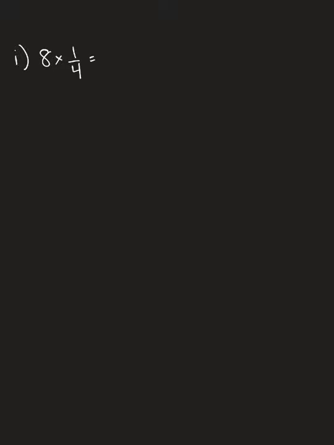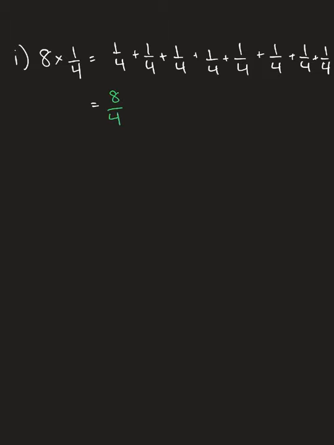So we could write this as 1/4 8 times. 1, 2, 3, 4, 5, 6, 7, 8, right? So if we were to add this together, what would our new numerator be? This will be 8 over 4, which is the same thing as 2.